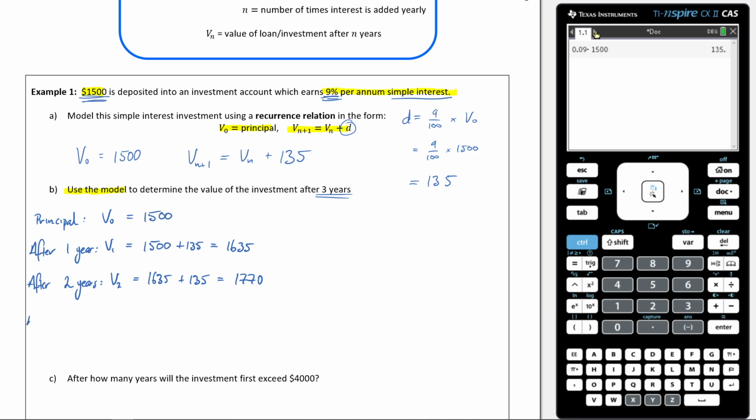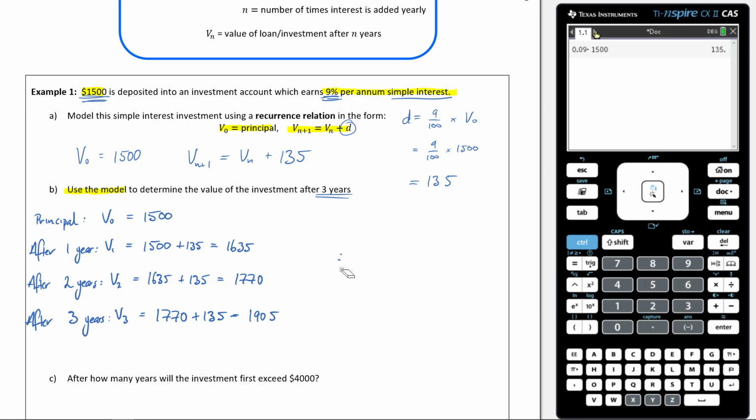What about after 3 years? This is the last one, people. We're nearly there. After 3 years is going to be V3. I'm going to take 1,770 and add onto it 135, and that's going to give me $1,905.